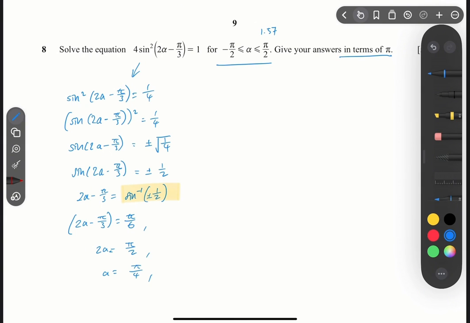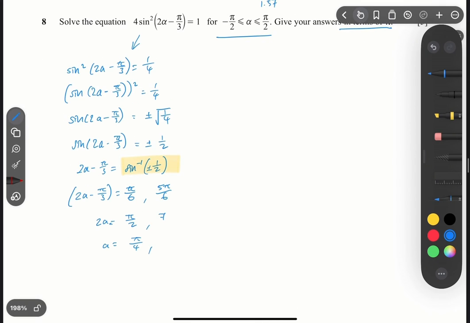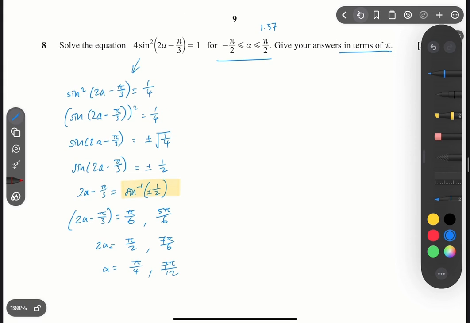So to find the second answer, you can use the second quadrant, which would be pi minus the initial answer, which is pi over 6. So you should get 5 pi over 6 and do the same thing. The answer would be 7 pi over 12. But however, 7 pi over 12 is not within the range, so this is not the answer.